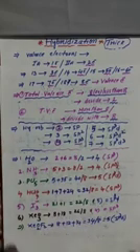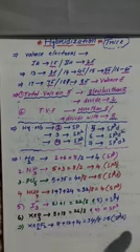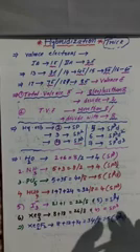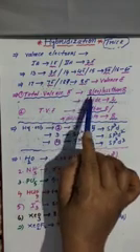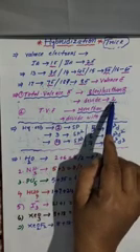Like this, any molecule you can calculate hybridization. This is the best trick to calculate. You have to calculate the total number of valence electrons. If the total is 8 or less than 8, divide by 2.